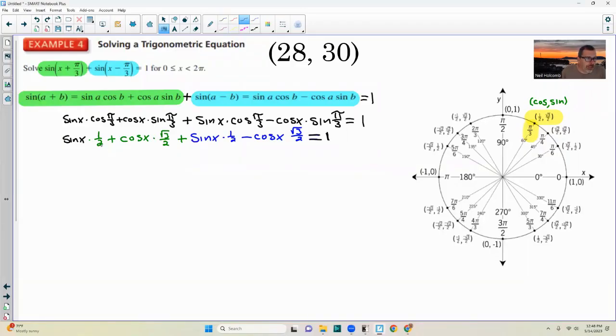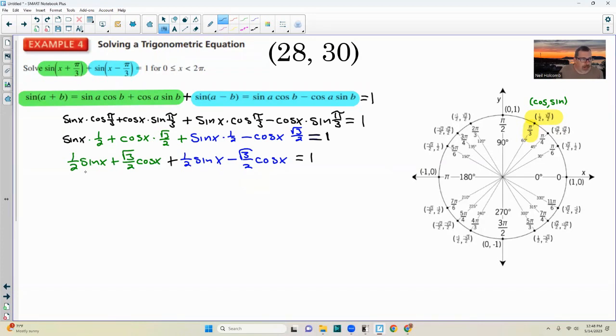Okay, so now I'm just going to rearrange this. It's 1/2 sine x plus root 3 over 2 times the cosine of x, just putting the numbers in front. And then that's going to be plus 1/2 sine x minus root 3 over 2 cos x, and they equal 1.